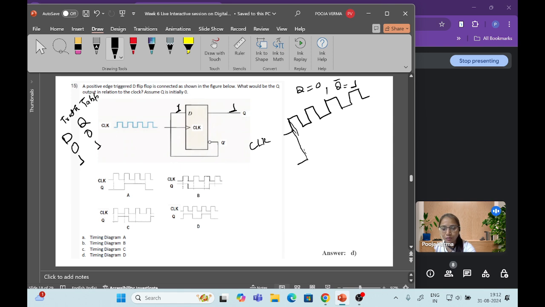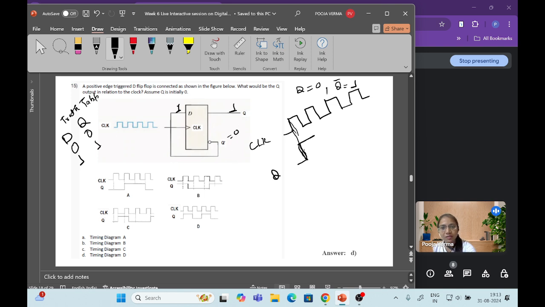That means Q is 1 and Q dash will be 0 for this clock, right? Again, this is for one clock.